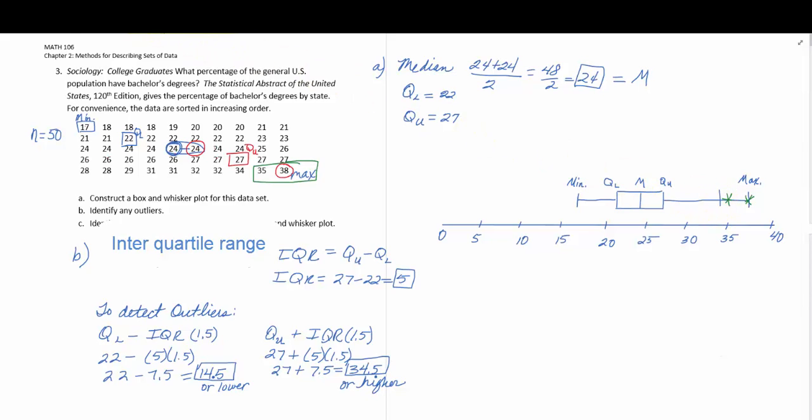So I'll need to erase what I had drawn originally, which we didn't know about until we actually calculated where possible outliers would be found. Once we determined that 35 and 38 were outlying values, we needed to go back to our measurements, and we found that 34 was the next measurement right before the outlier of 35. So 34 will be the upper whisker. We'll only need to adjust whiskers if there are actually outlying values and if we're considering those.